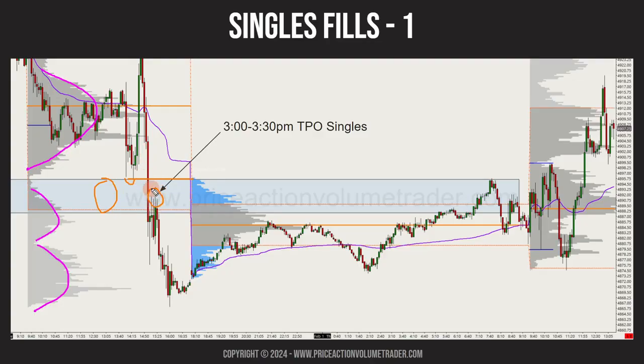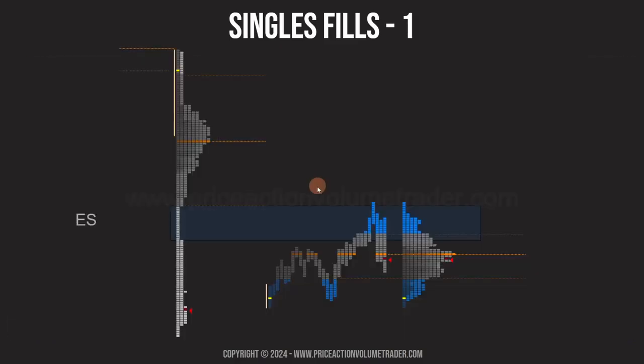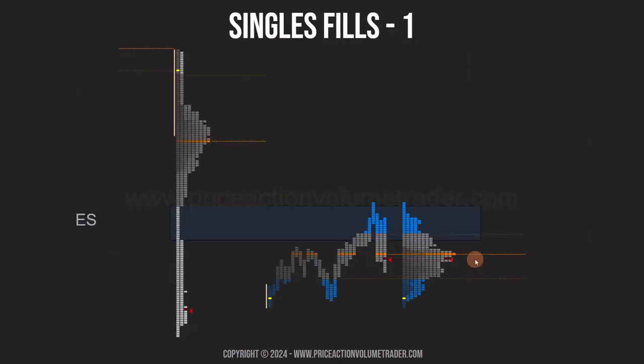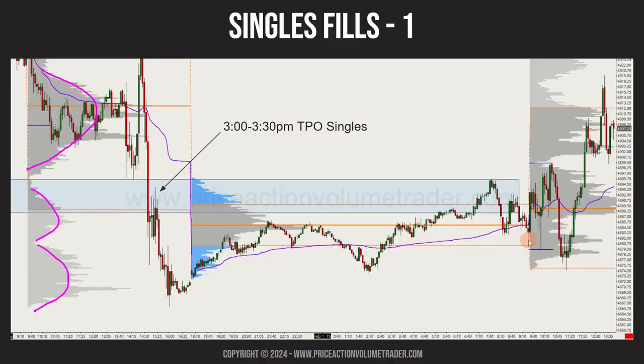All this candle, all these wicks here happened within a single TPO period between 3 and 3:30 p.m. Eastern time. So all these TPOs were pretty much this area right over here.